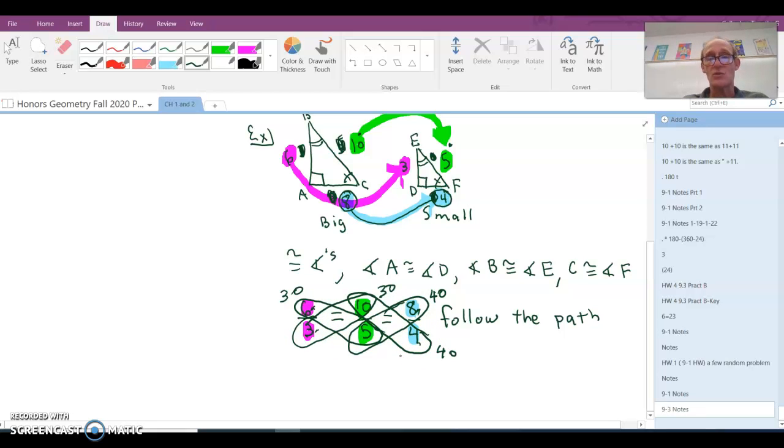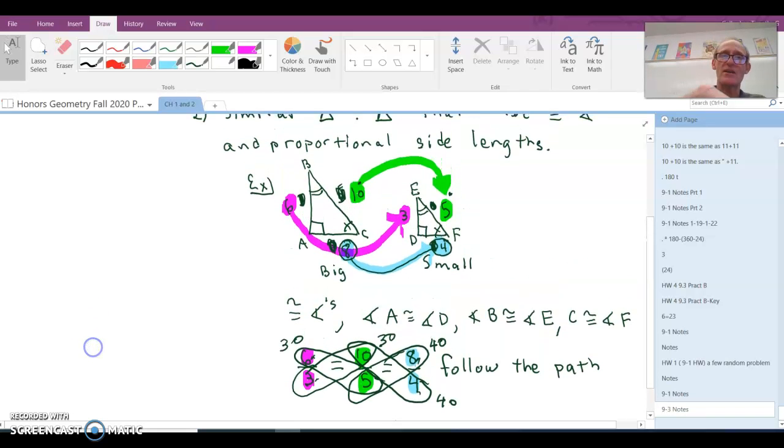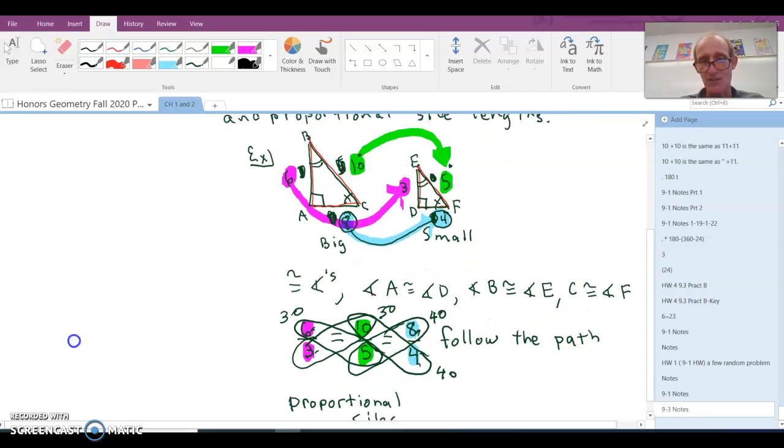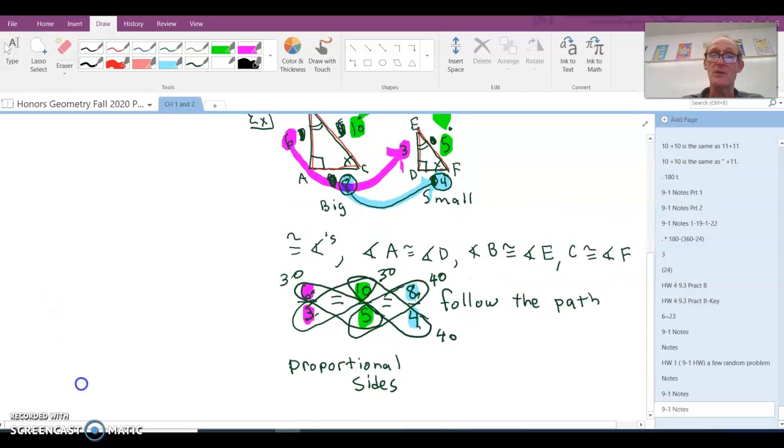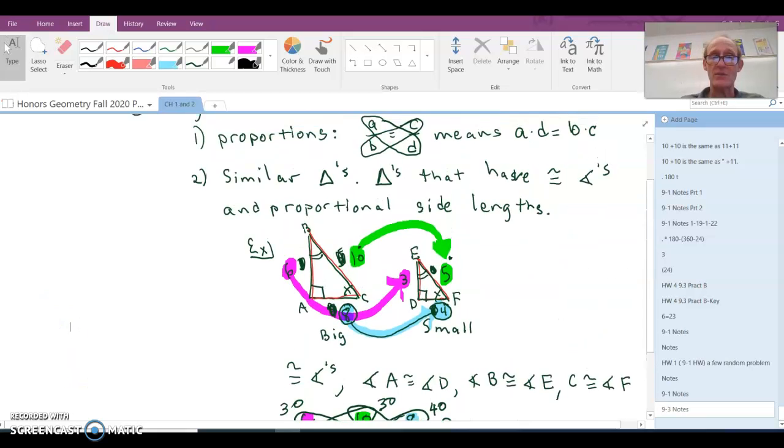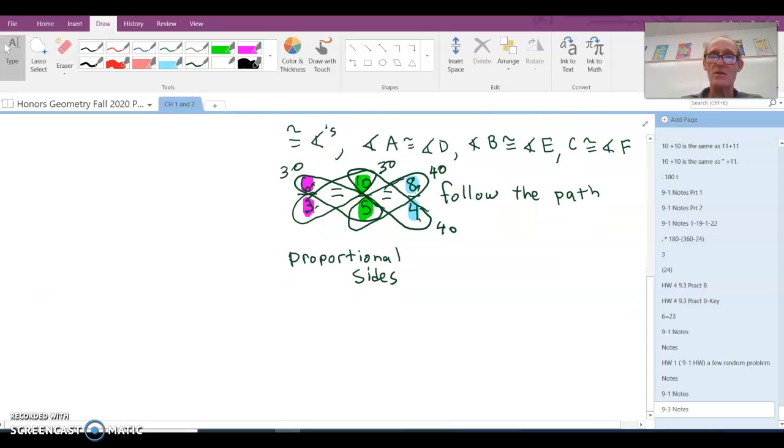Okay? So that's what is meant by proportional sides. Similar triangles may not be the same size, right? But they have congruent angles and proportional sides. Okay, so that's the background information for 9.3.